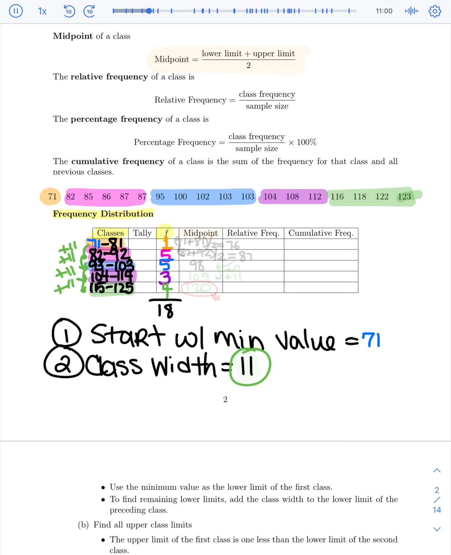However, a lot of times they will tack on extra information for you to find, such as midpoints and relative frequency and cumulative frequency. So let's find everything all at once. The next thing that they might ask for is what are called midpoints. How do you find the midpoint? Well, midpoint sounds like middle. That's exactly what it means.